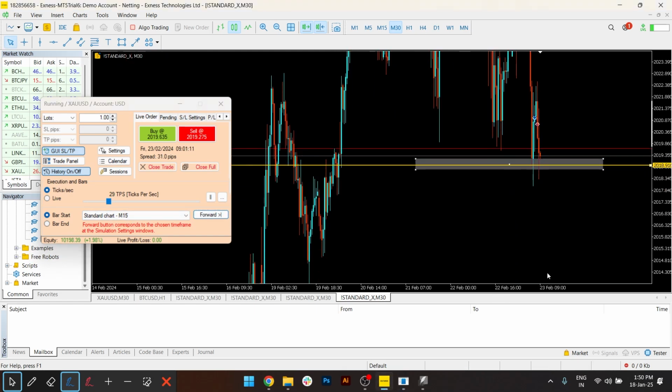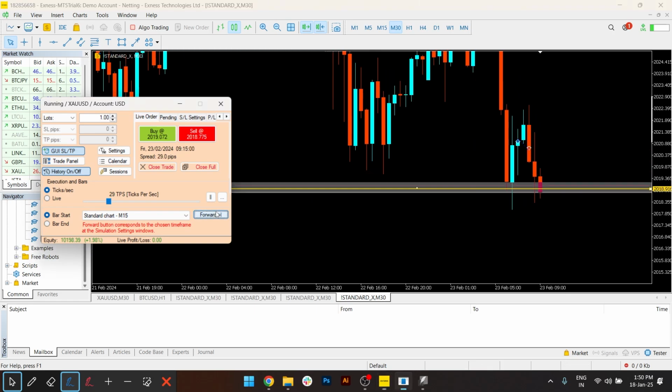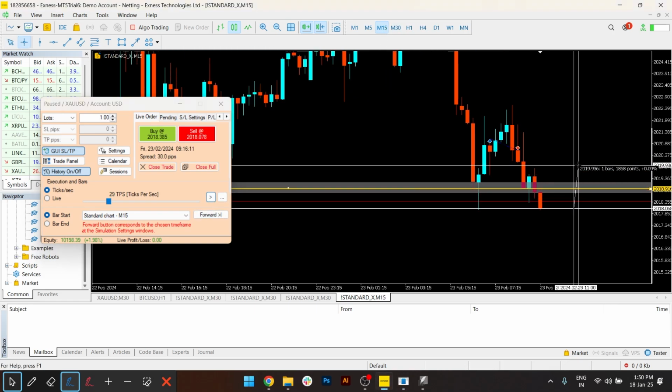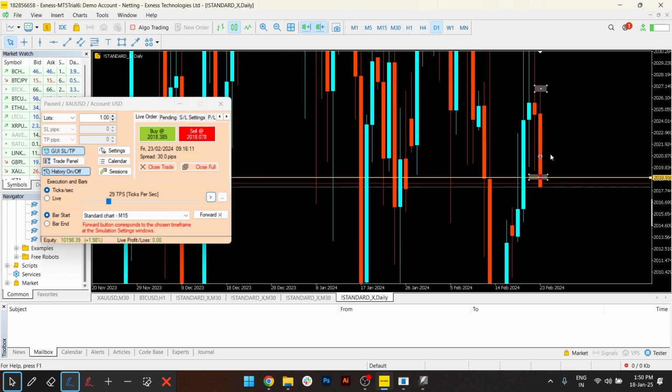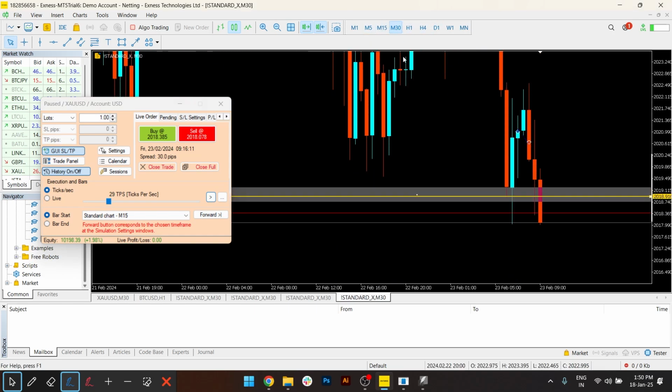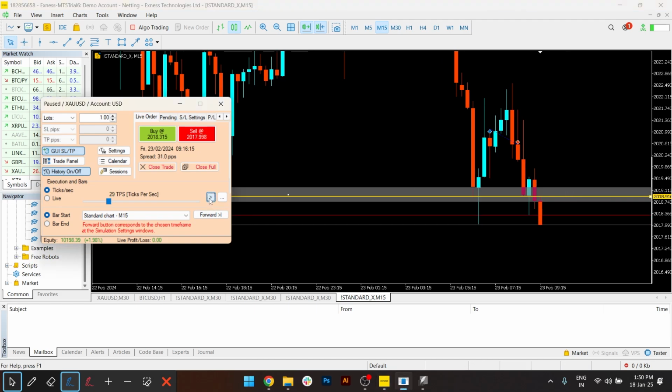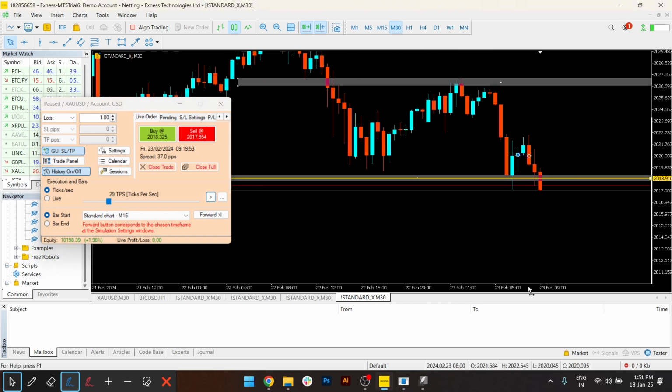but we are at the support area. Let's see if we can give our trade a second chance right here, since the overall trend is bearish. And we are, yeah, I like sales here, to be honest.